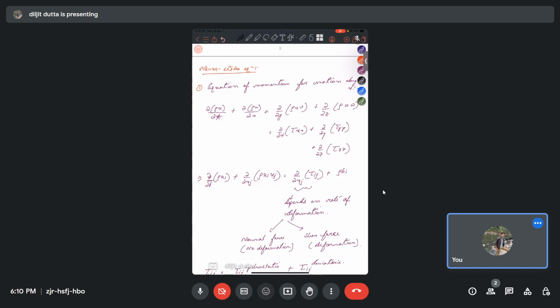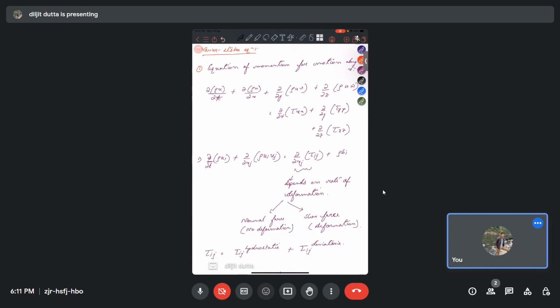We have seen before, while deriving the Euler equation and the equations of motion, that if we take a cubical control volume in a fluid, and if u, v and w are the velocities in the x, y and z directions, and tau x, tau y and tau z are the shear stresses in x, y and z, then we will get the equation of motion given by this formula: del by del t of rho u i plus del by del x.